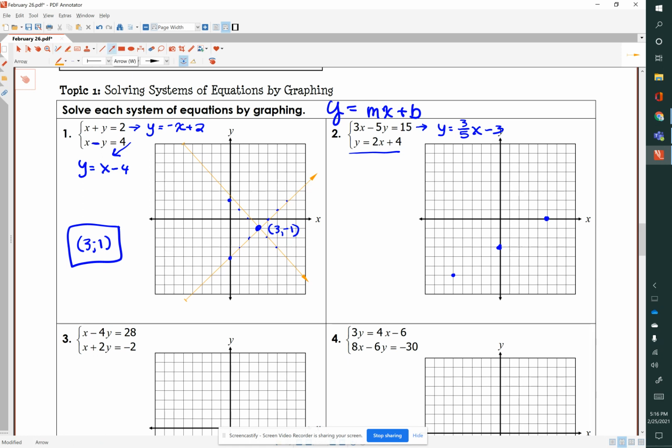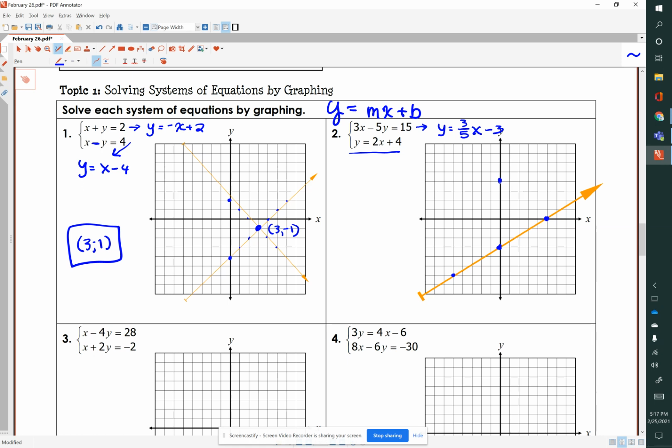Let's try to graph this. I wonder if we can make the line a little bit thicker. And let's graph y equals 2x plus 4. So we've got a y-intercept of 4. 1, 2, 3, 4.